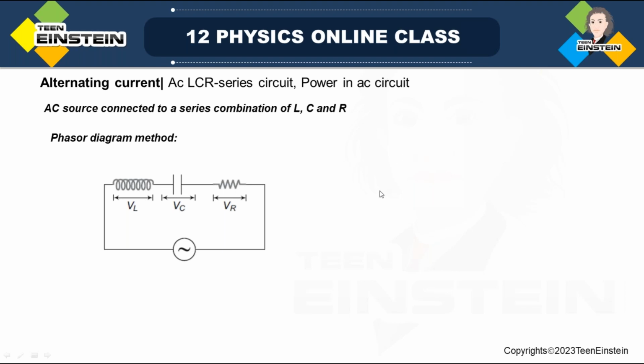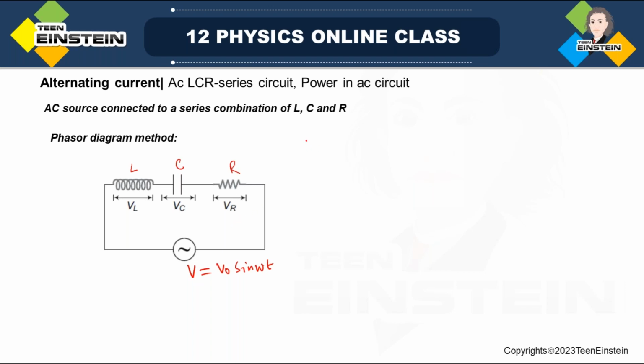Okay, so what is our aim today to discuss in this session? When an AC voltage, suppose V is equal to V0 sine omega t, is passed through a series combination of inductor coil having inductance L and a capacitor having capacitance C and a resistor having resistance R, then what is the current voltage relationship?